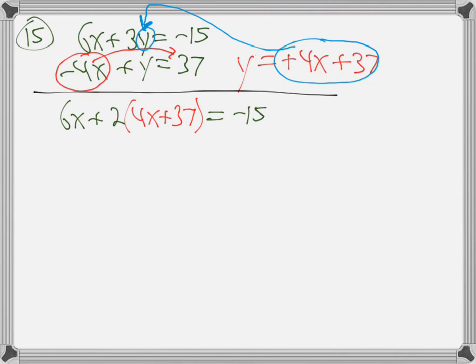Is that good? So I plugged into the y slot. I plugged in the whole 4x plus 37 because y is 4x plus 37. It's equal to 4x plus 37. And I just pop it right in there into the other equation in the y slot.